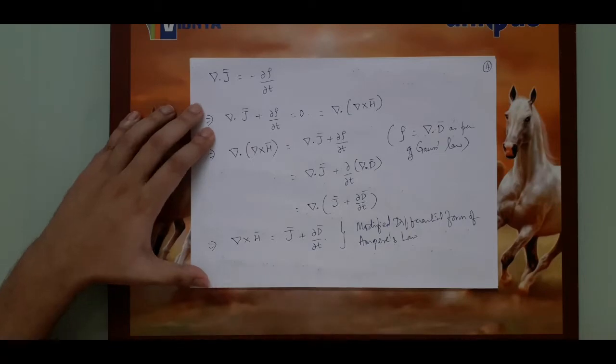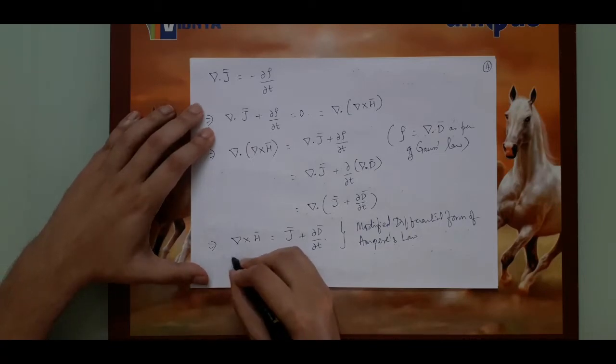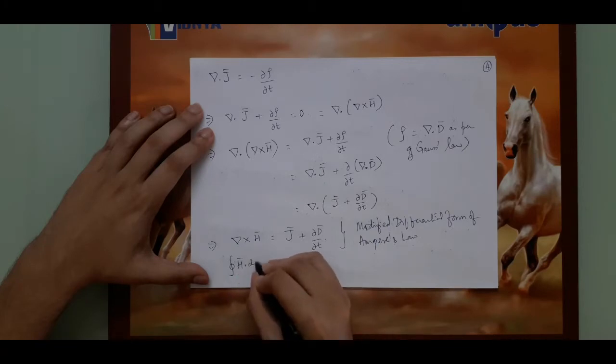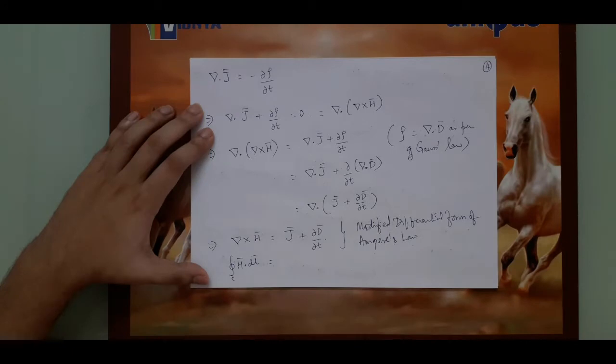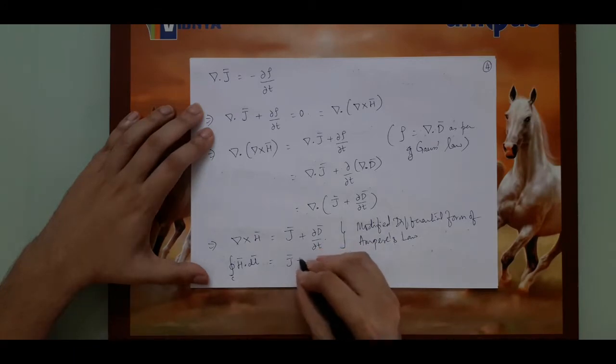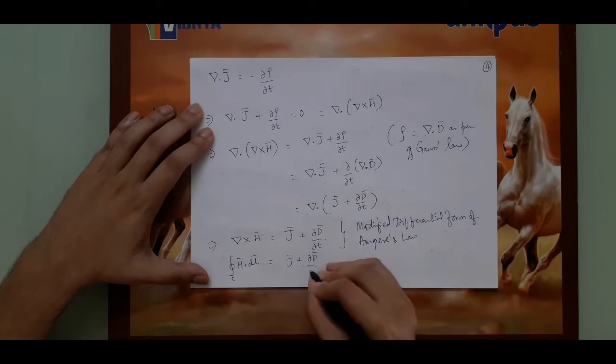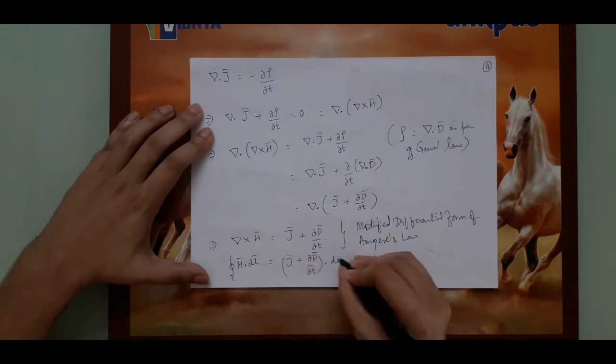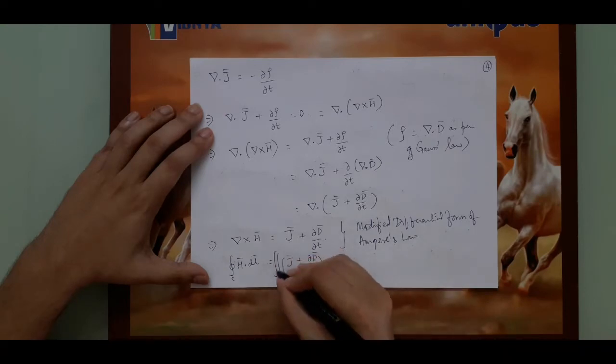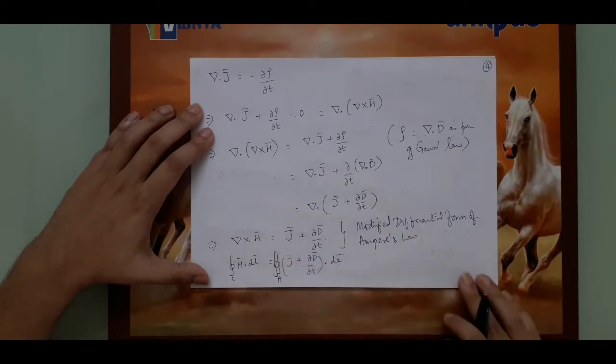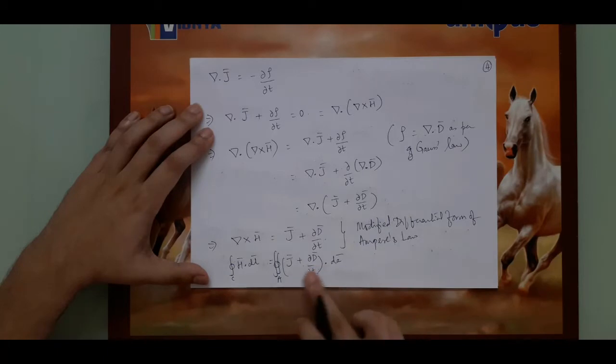So if I write the integral form, I can write that H dot dl in a closed path is equal to the area integral of this entire quantity.